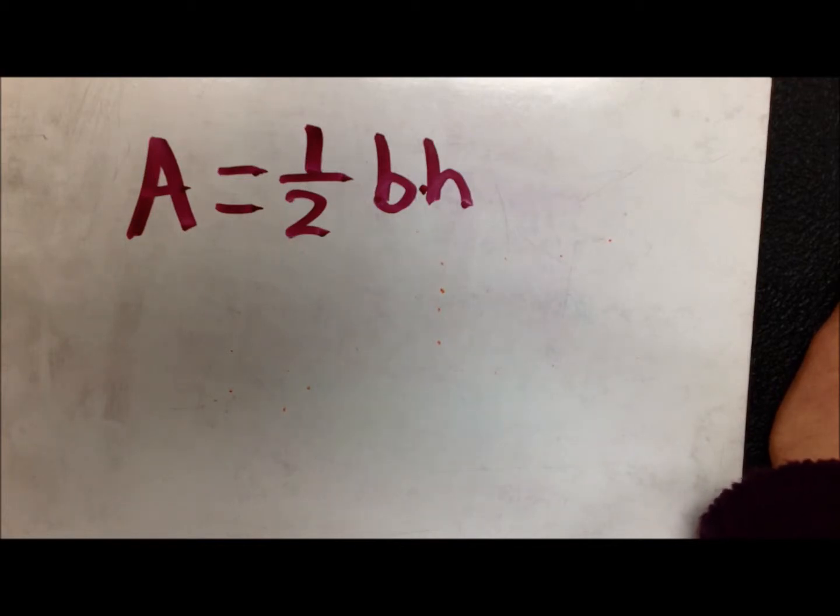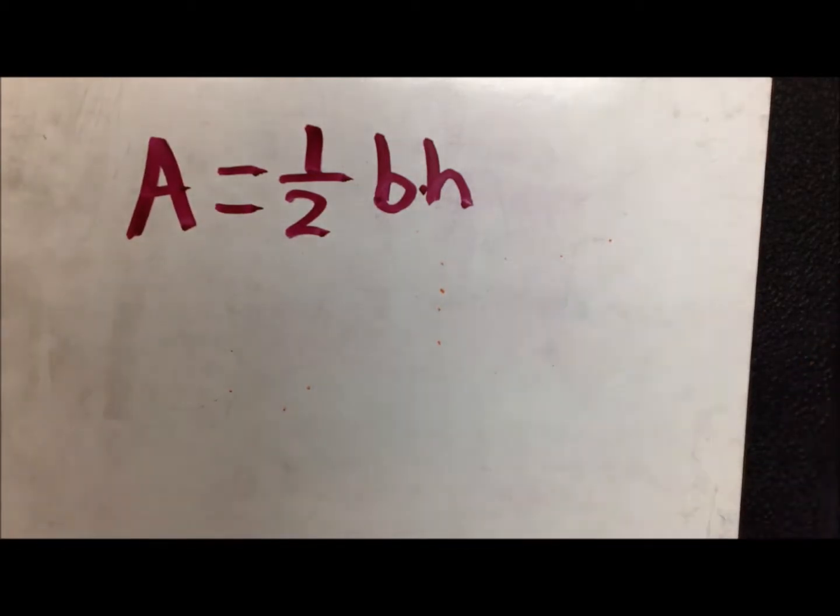If you recall, when we were doing area of a rectangle, we did area is equal to base times height. So why would a triangle be 1/2 base times height? Well, that's what we're going to find out.